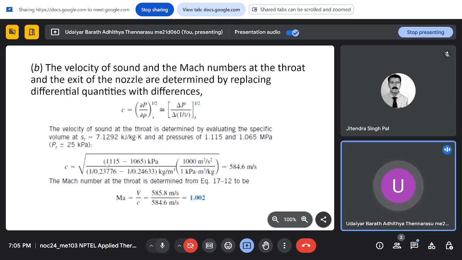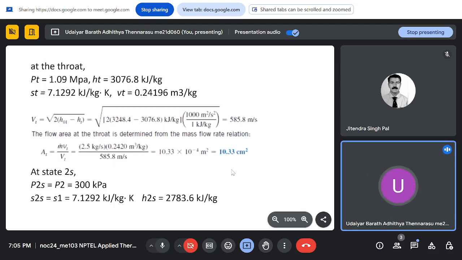Substituting there, delta P is 1.15 minus 1.065 kilopascal divided by the specific volume at these two pressure points and the entropy value, which is 1 by 0.23776 minus 1 divided by 0.24633. So these are the specific volume estimated at the pressure and the entropy value. This comes out to be 584.6 meter per second.